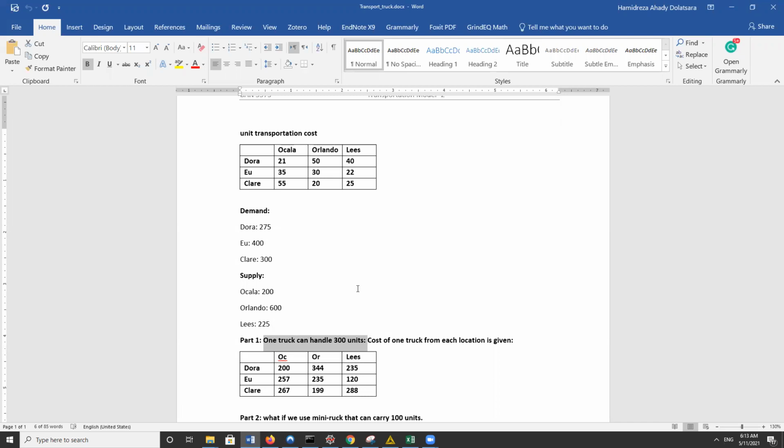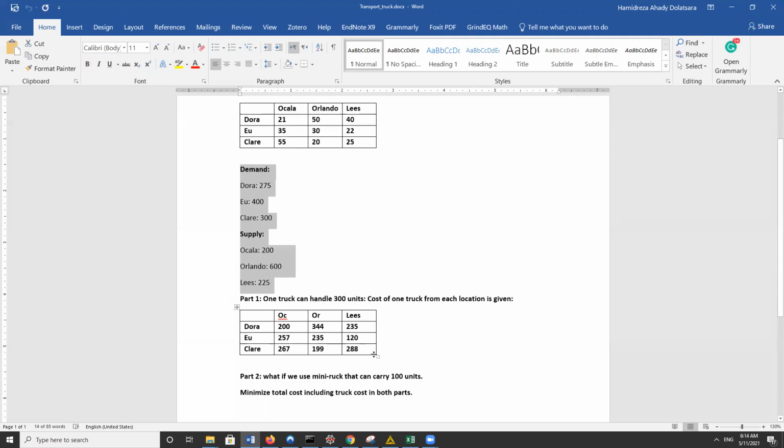So we want the delivery to be equal to demand, or greater than or equal in some cases. If it's greater than or equal, it means you provide everything. And supply doesn't make sense if you send more than what you can supply. So this is another consideration that you need to have in your problem. So two sections: transportation costs, demand and supply.